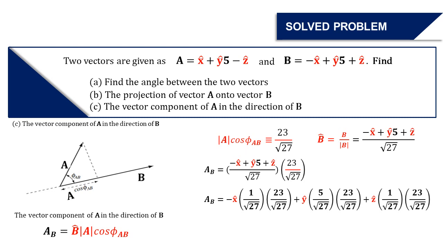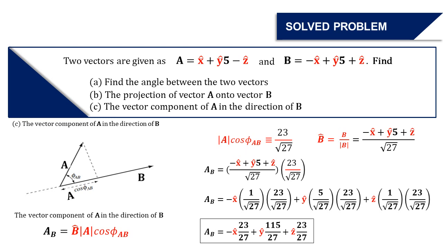So, our answer will be negative x hat, 23 divided by, because of the square root, to cancel out the square root it becomes 27. Okay? Plus y hat, 5 times 23 is 115 divided by 27 again. Plus z hat, that is 1 times 23 all over 27.